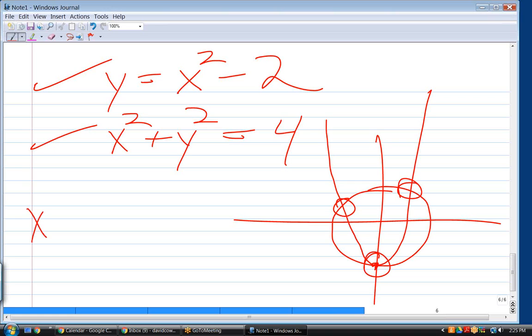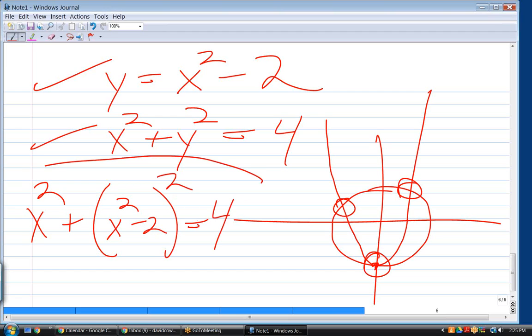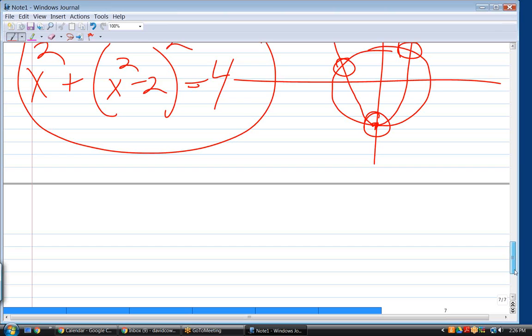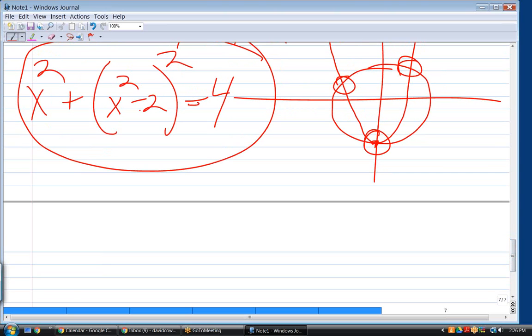So let's do that. We got x squared plus, instead of y squared, I'm going to write (x squared minus 2) squared equals 4. And now I can solve that equation. That's one equation, one variable. And that will give me all 3 of these points. Now, it's not the easiest equation to solve.